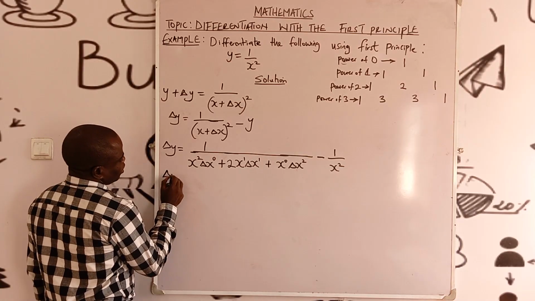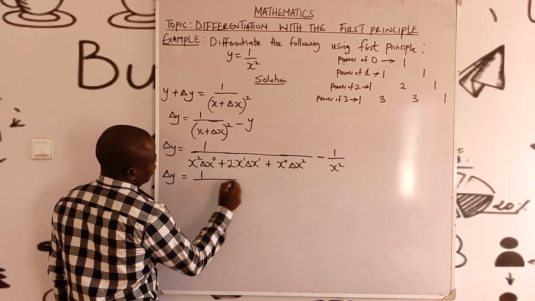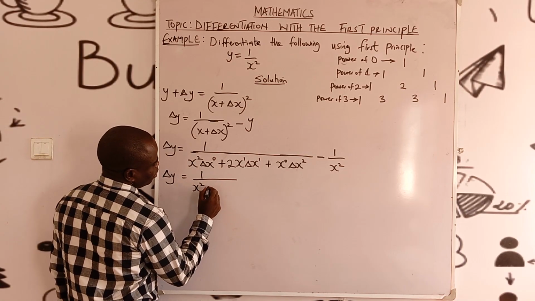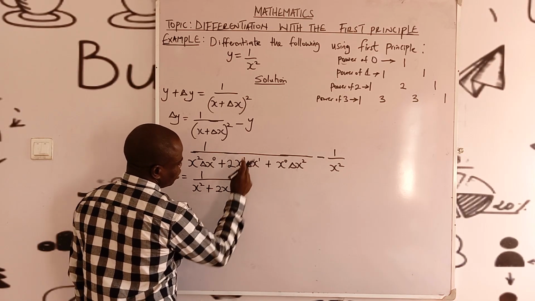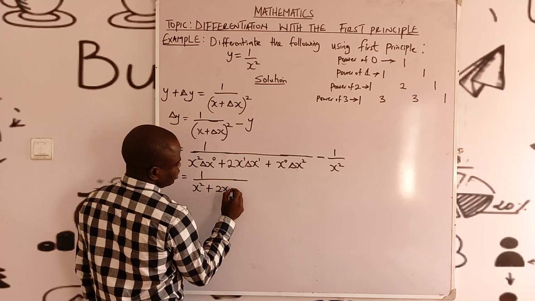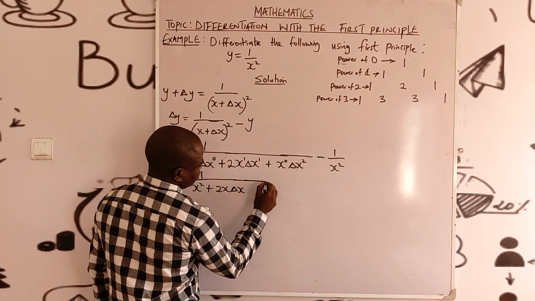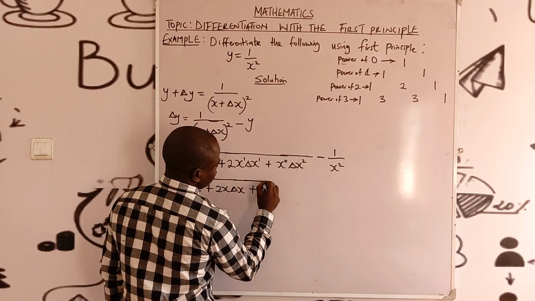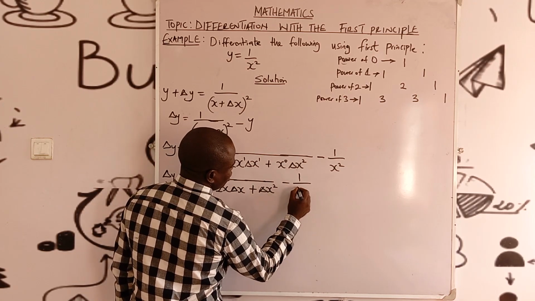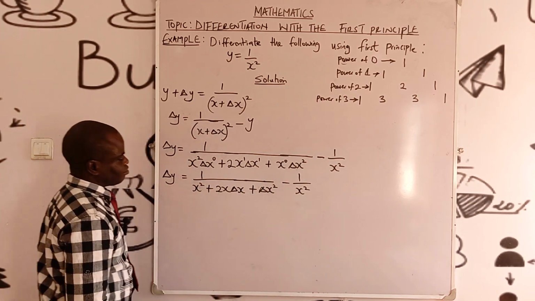Okay, dy equals 1 over x squared plus 2x. Don't need to put 1. X power 1 is still the same as 2x. Plus the x squared, minus 1 over x squared.